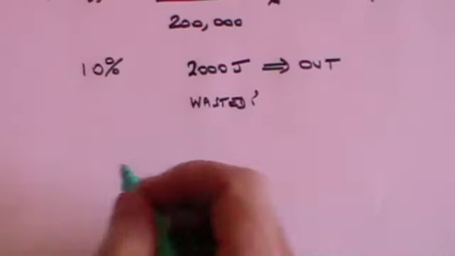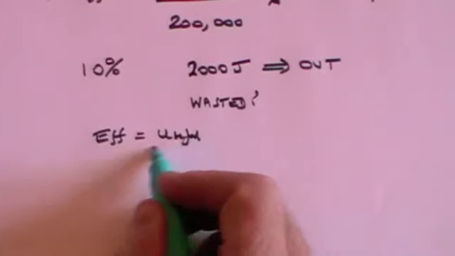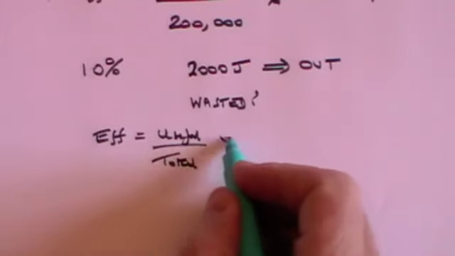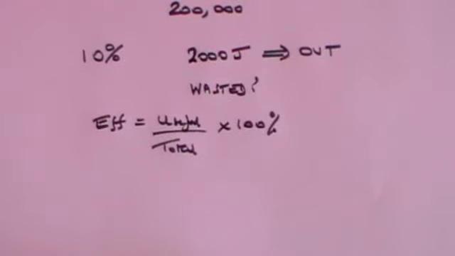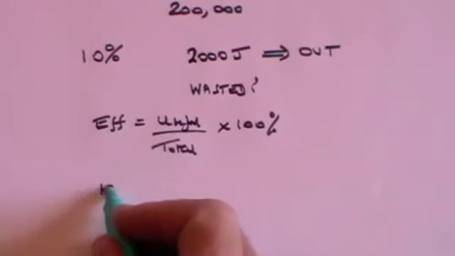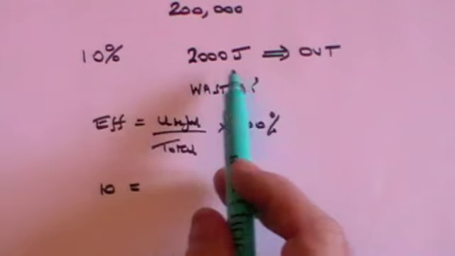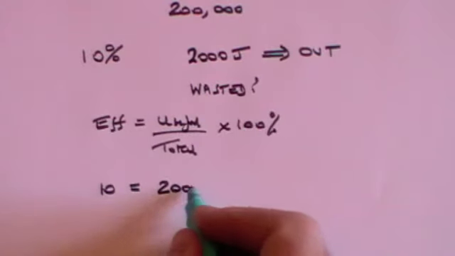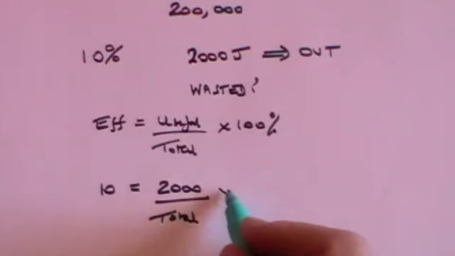Well, now we have to recognise that efficiency is the useful energy divided by the total energy times 100%. The efficiency, we've been told, is 10%. So we've got 10 is equal to the useful energy out, or we've been told what that is, that's 2,000, divided by the total, we don't know what that is, times 100.